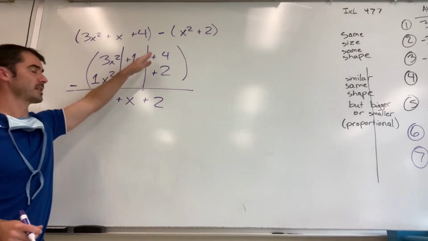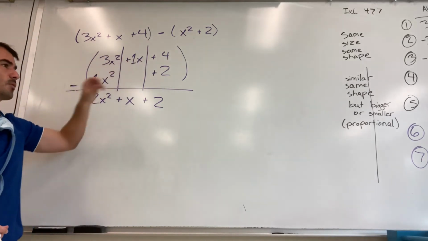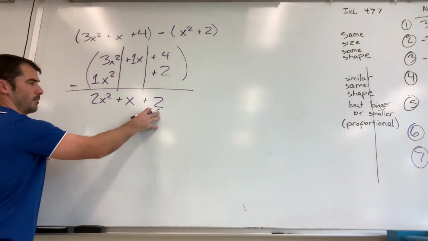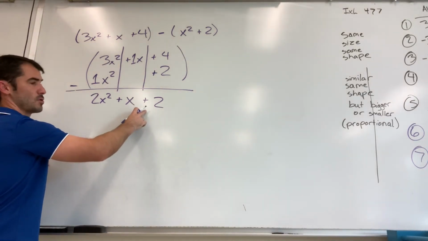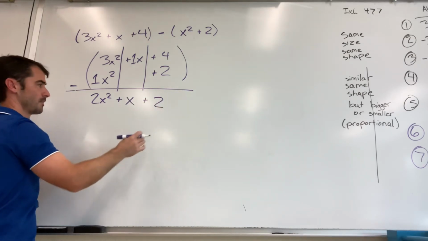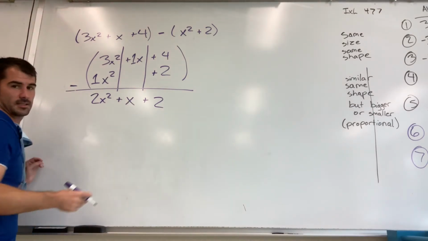Again, these pluses on the inside just tell us whether our number is positive or negative. Whatever our answer comes out to, that's what we'll write. If I'd gotten negative 2, I would have written minus 2. If I'd gotten negative x, I'd have written minus x.